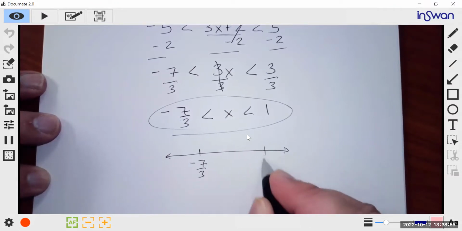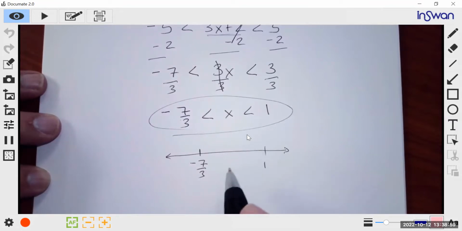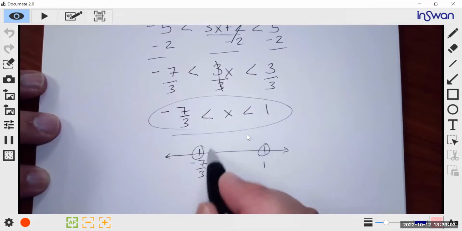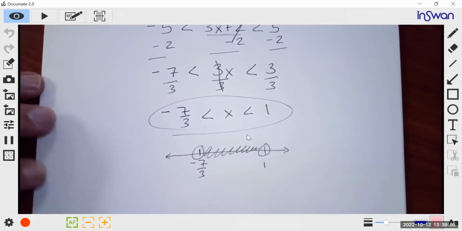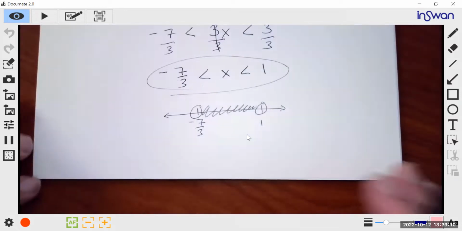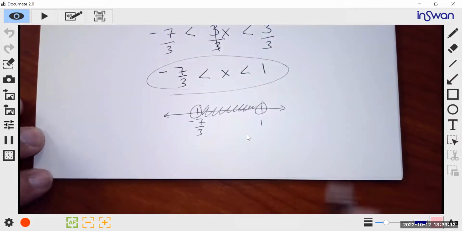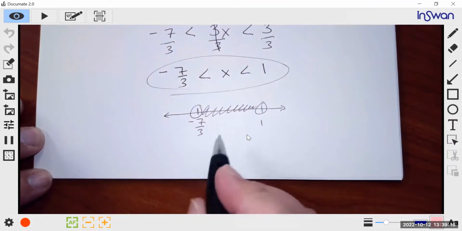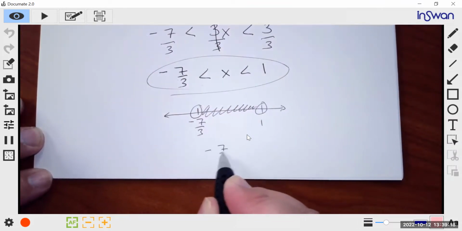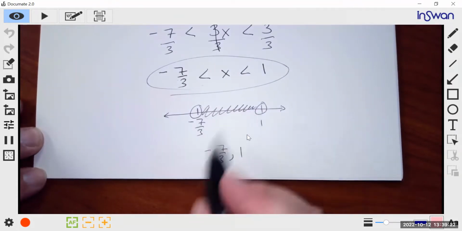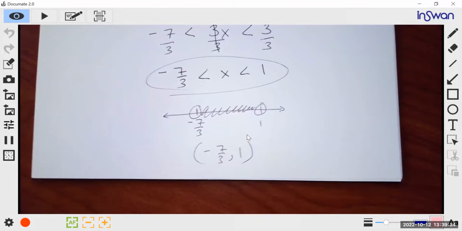Negative 7 over 3 and 1. Are they open circles or closed? Since they don't have lines, they're both open, and x is between there. That's the graph. Interval notation looks at your graph and sees the endpoints. So we have negative 7 over 3, comma 1. And since they're open, that means they're both parentheses.